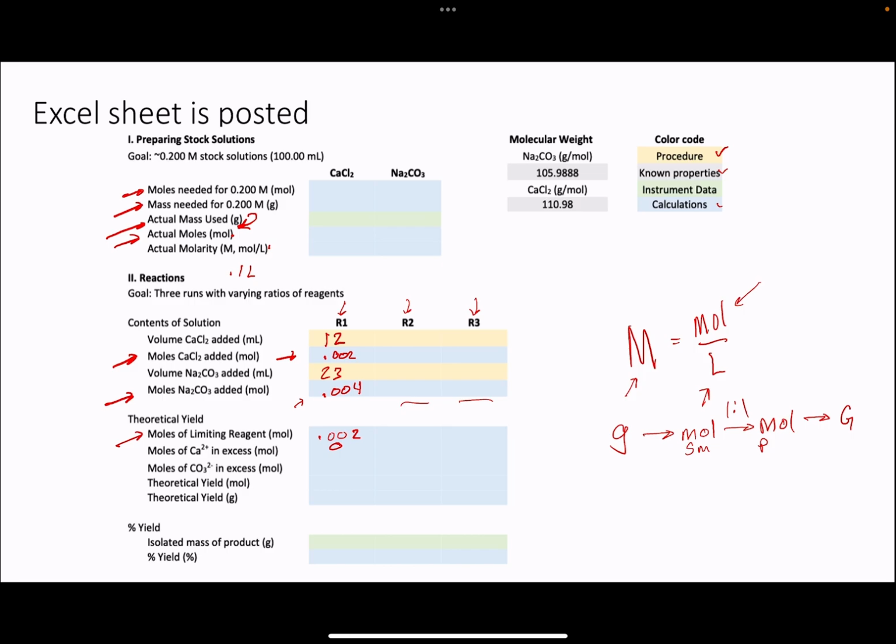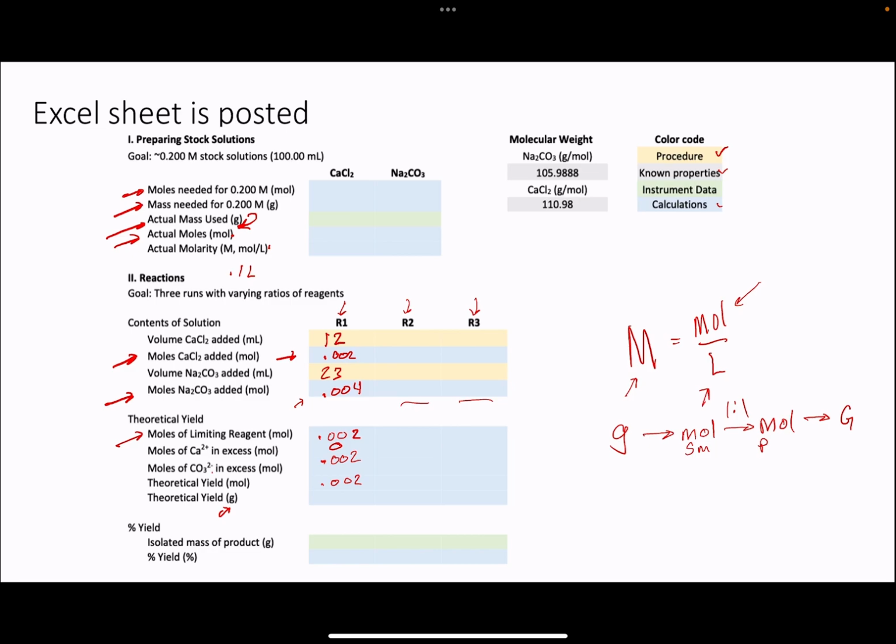You could theoretically put a negative there, but we'll just put 0. Versus the moles in excess for the sodium carbonate, well, that's going to be 0.004 minus 0.002, well, that's going to be 0.002. And then the theoretical yield will just be the same, the total amount that the limiting reagent allows, and then, of course, in grams of the product.